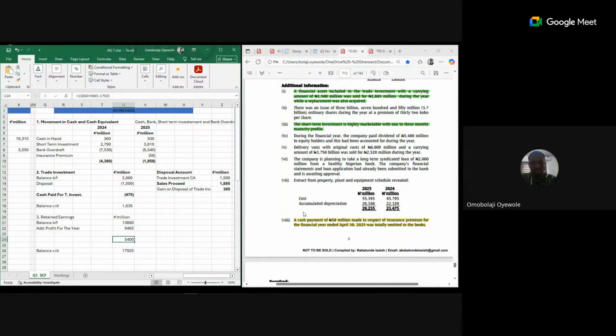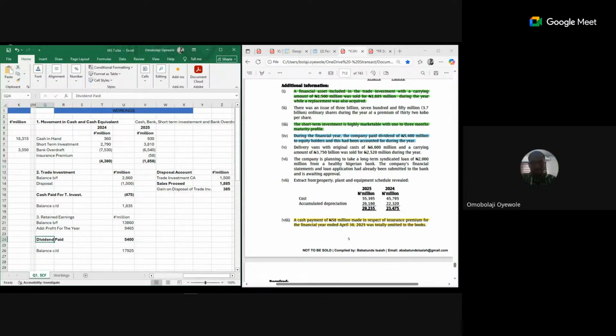Look at additional information 4. They said during the financial year, the company paid a dividend of 5,400,000 to equity holders, and this has been accounted for. So this 5 million represents your dividend paid. It means that the retained earnings was only used to pay dividend. We did not use the retained earnings for any other thing.